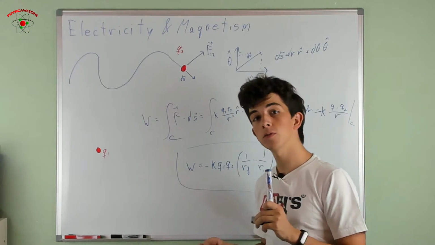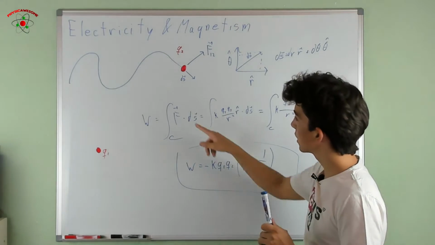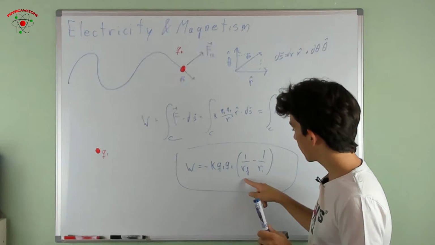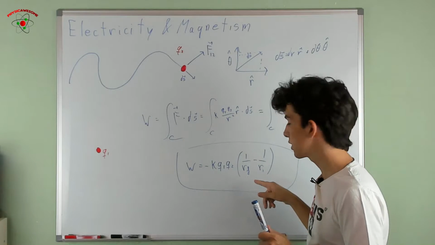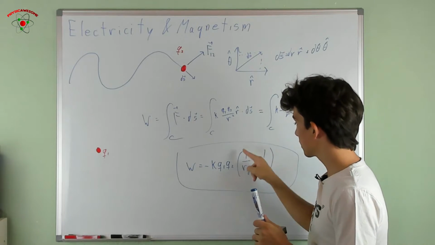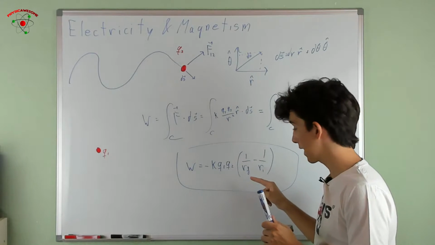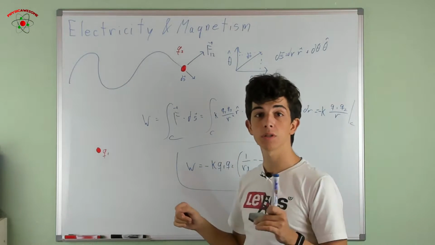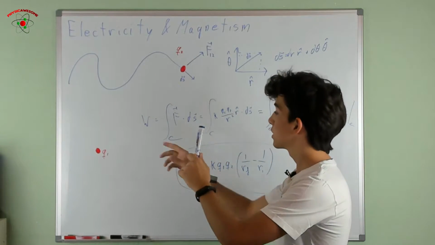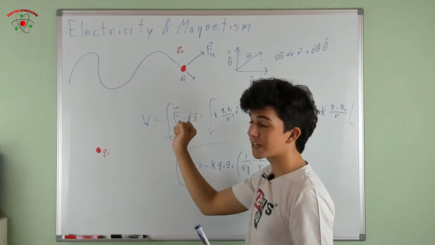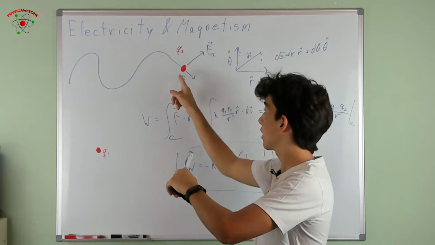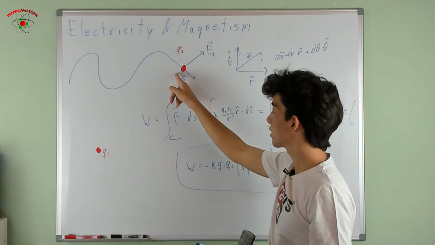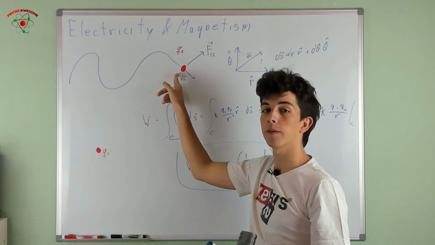In this case, we see that, for example, if the charge is going away, that means final is going to be higher than the initial, and therefore this whole quantity is going to be negative because this will be smaller than this, and we're going to have a positive work because the charge is going to exert that work, as outwards is the direction in which naturally the second charge wants to go.